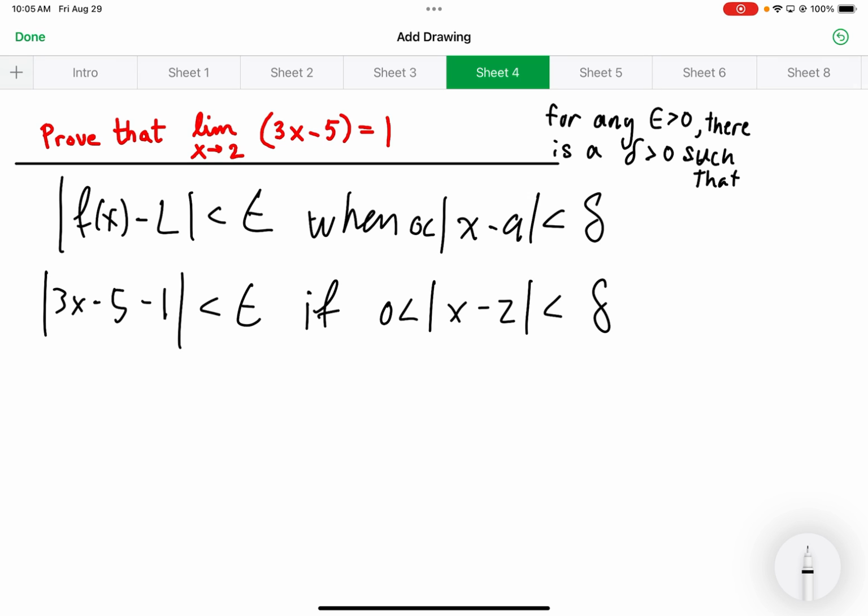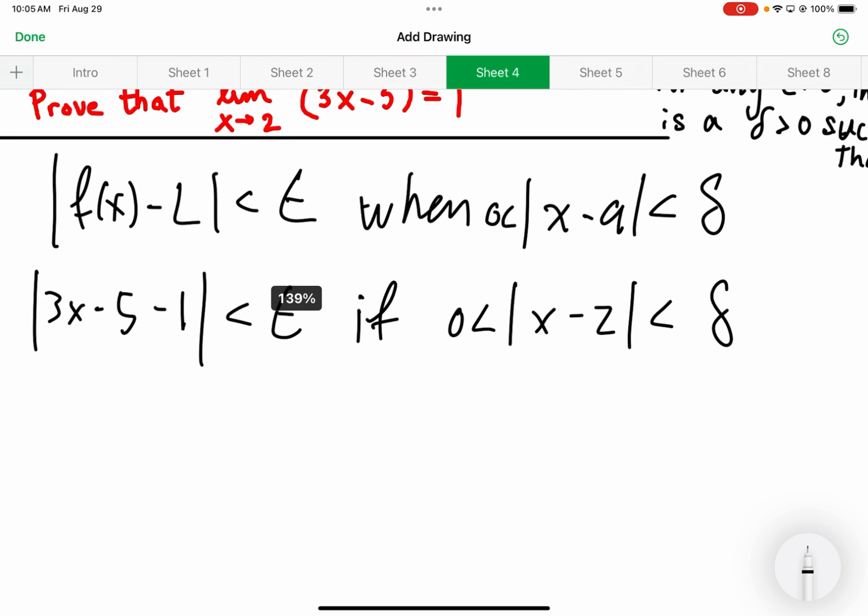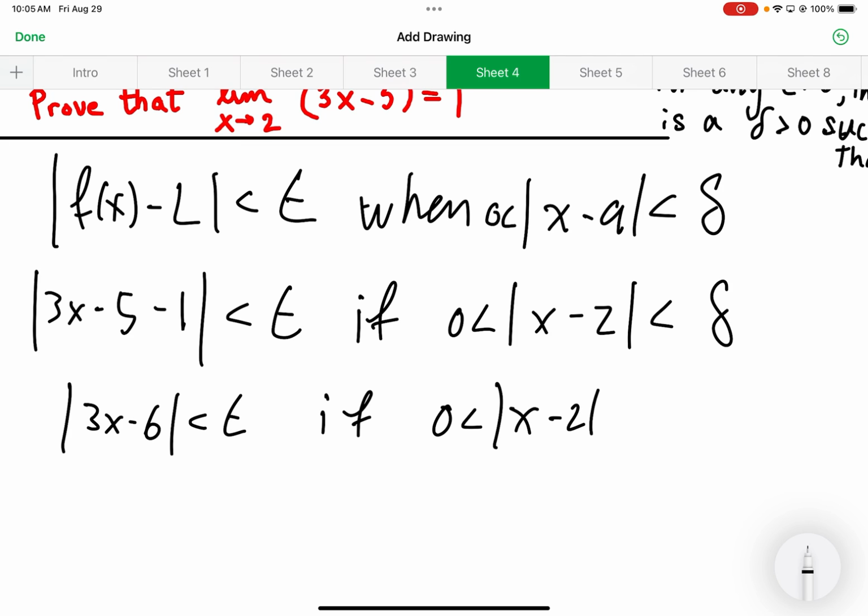And we're really going to follow the same process as we did last time, okay? But we're just going to do it in a general sense this time. So I'm going to make it 3x minus 6 less than epsilon if 0 is less than x minus 2, which is less than delta. And I'm going to divide by 3. But I'm going to do it faster this time because we already talked about the logic of pulling the 3 out, the absolute value, and dividing it, okay?